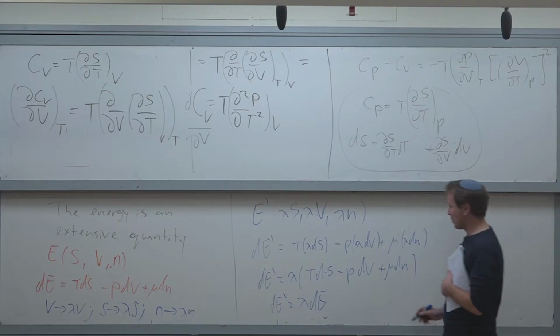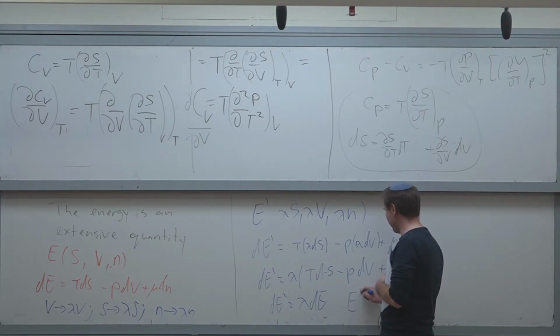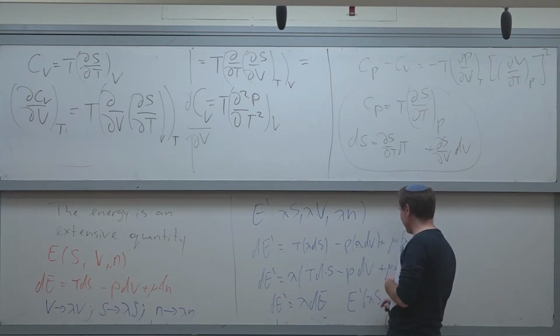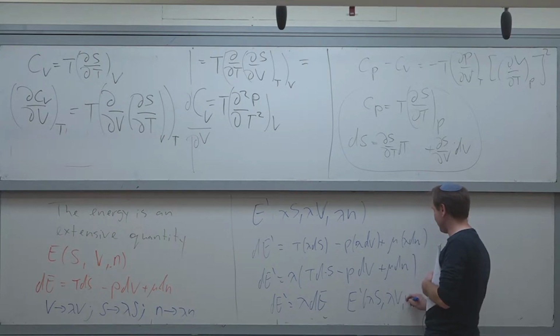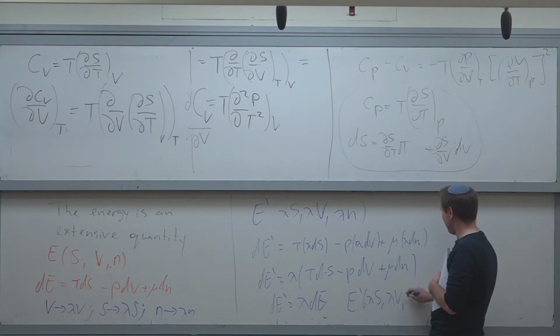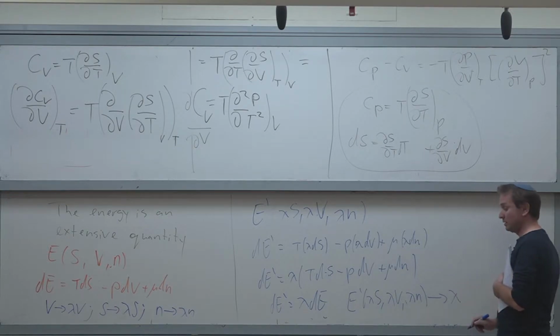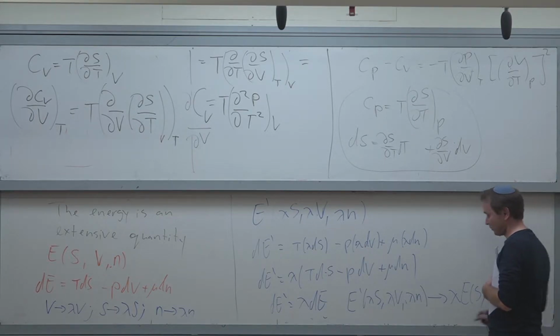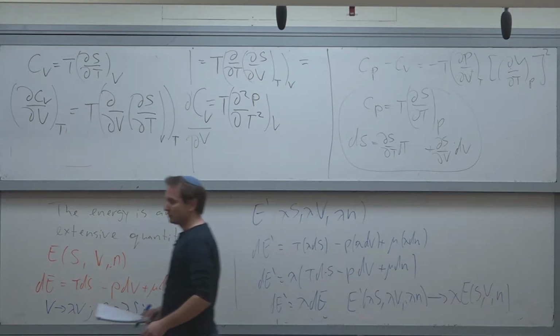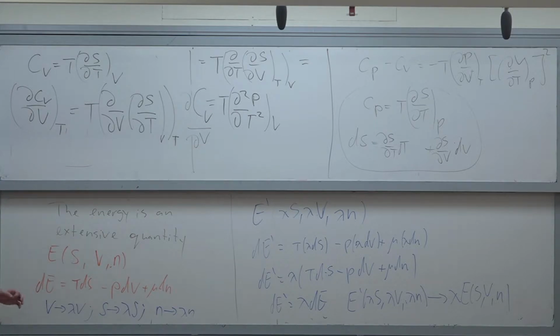That means that E prime, a function of lambda S, lambda V, lambda N, is simply lambda multiplied by E of S, V, and N. This is the property of extensivity.